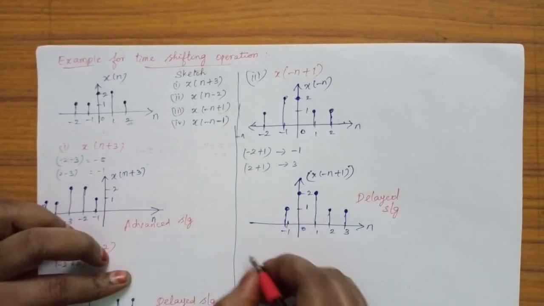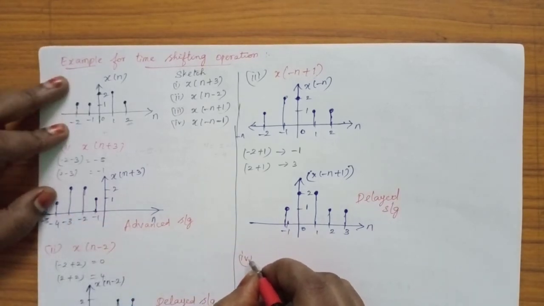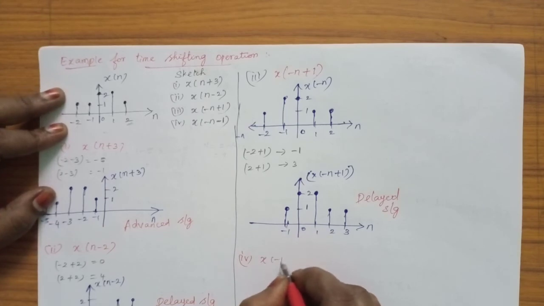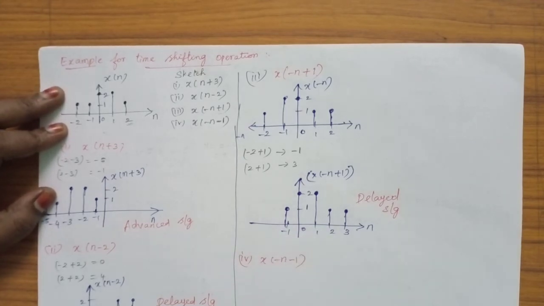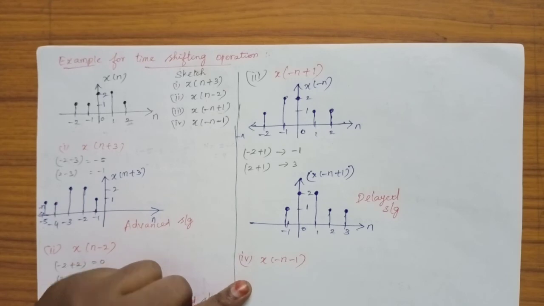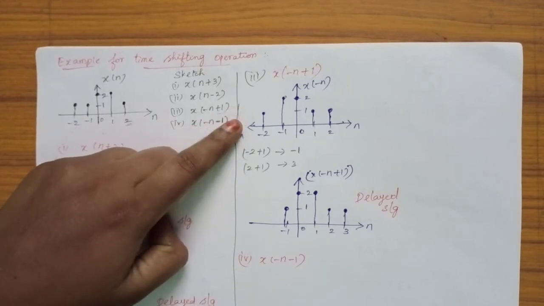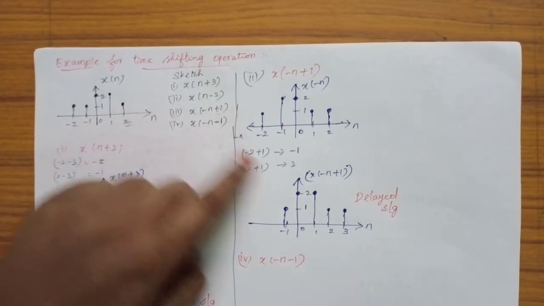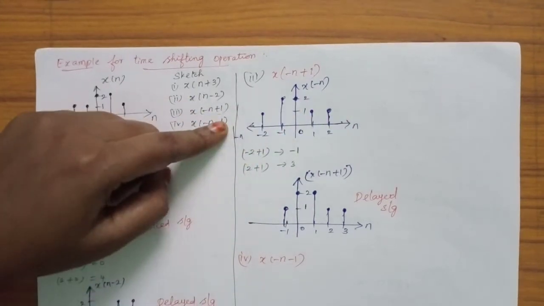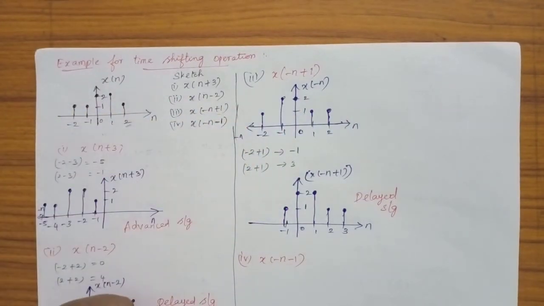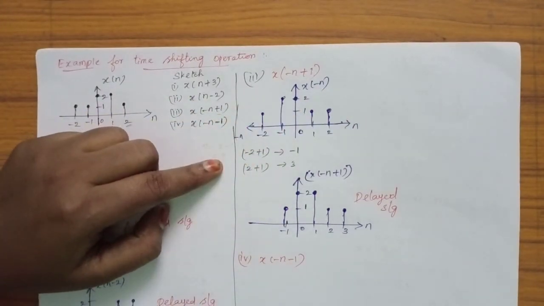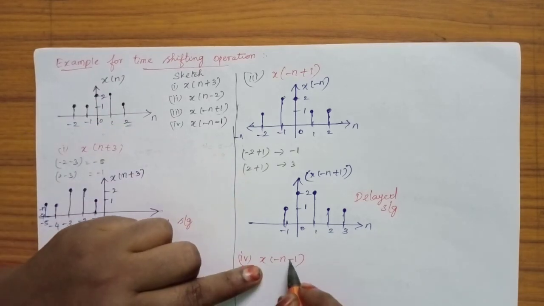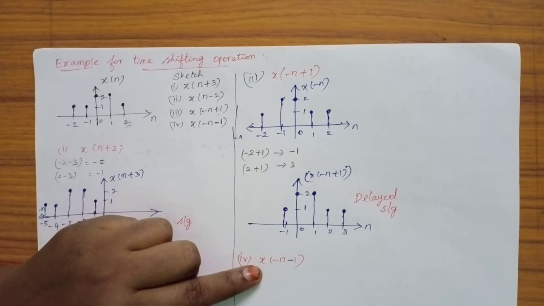Okay, and the fourth case, x of minus n minus 1. For this case also we have to plot x of minus n first. Okay, we have already plotted x of minus n, that's why I didn't plot it again. For x of minus n minus 1, we have to subtract 1 because here it is minus n minus 1.